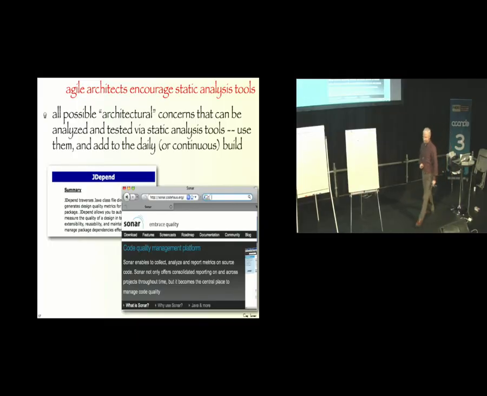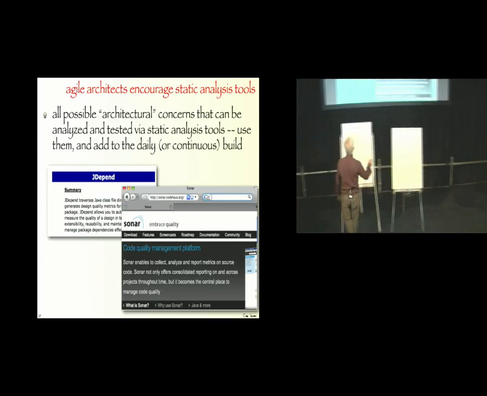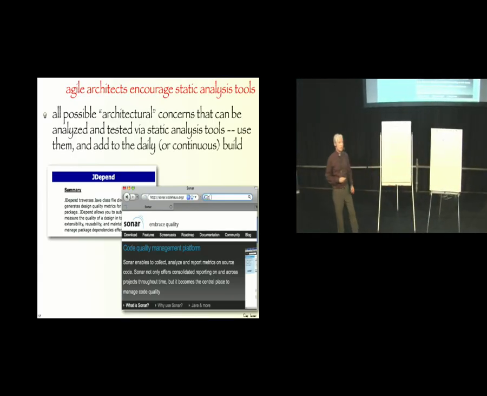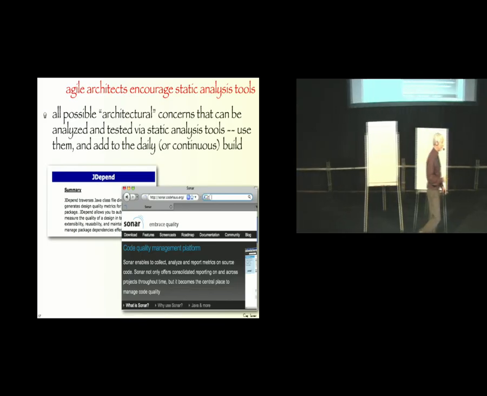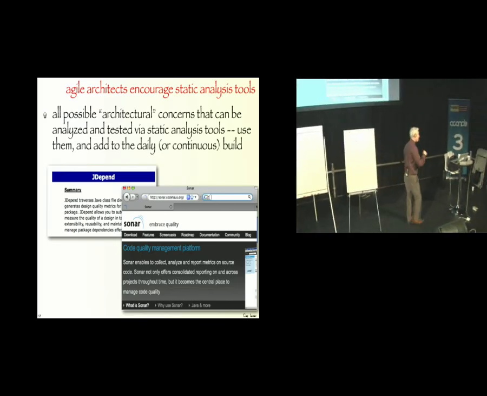And Agile architects encourage static analysis tools like Sonar and JDepend, which are continually running and providing simple, lightweight signals that there might be something smelly in the code. And what I do is that I attach these tools to my continuous integration tool, like Cruise Control or Hudson, and then I'll fail the build.